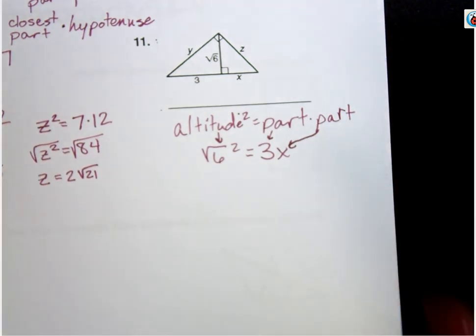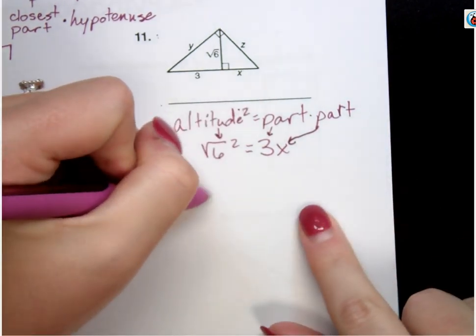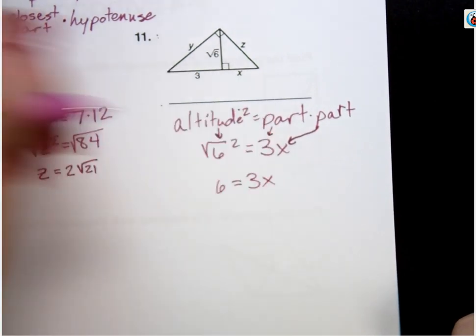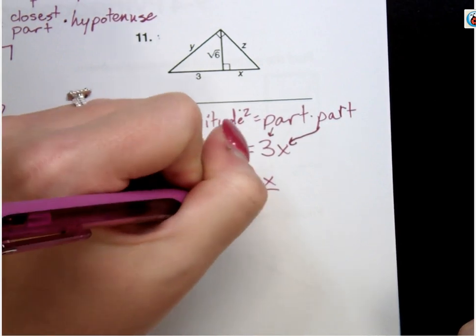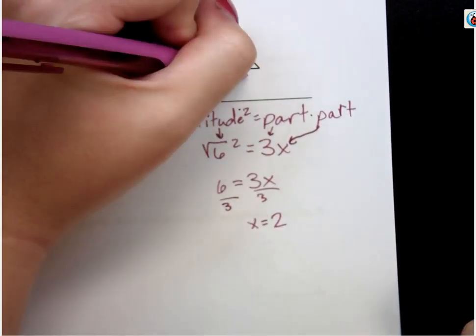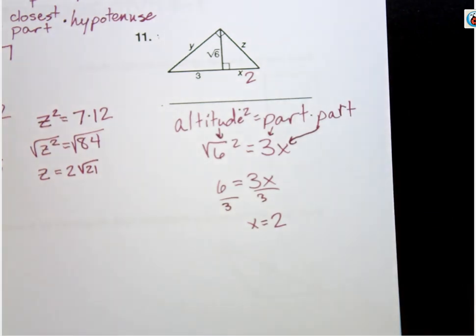This is not hard. Then you square the square root of 6. All that does is cancel out, so it works out very well for us. We get rid of that square root, which is lovely. And then 6 equals 3x. X equals 2. Now we have this number. It's wonderful. Now we can solve for y and z now that we have x.